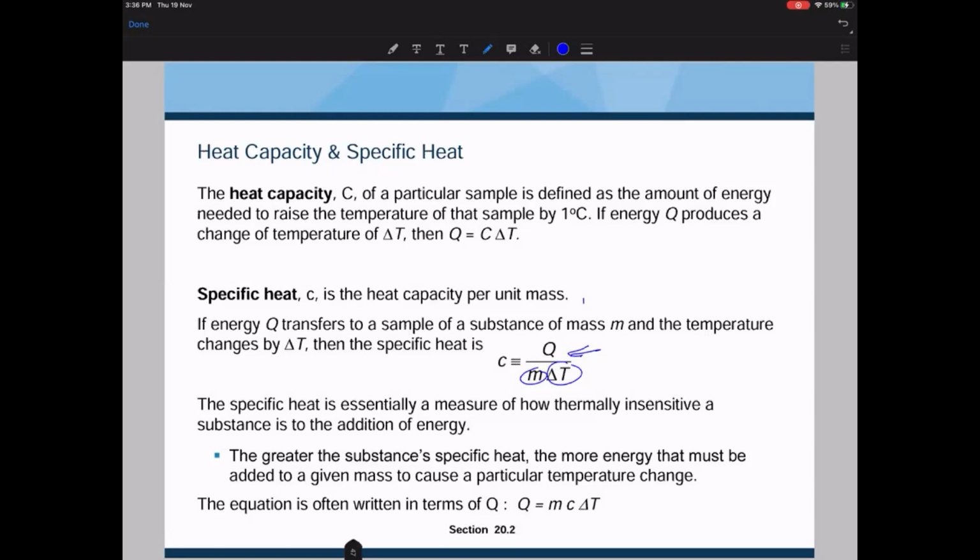Of course, heat is an energy, so it has a unit of joule, and M has a unit of kilogram. Delta T has the unit of Kelvin, or equivalently degree Celsius, because a change of 1 degree C is equivalent to a change of 1 Kelvin of temperature.